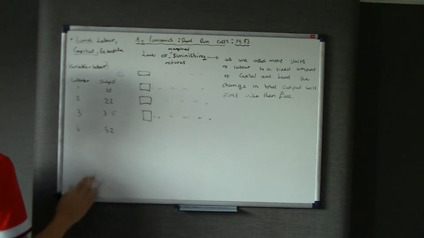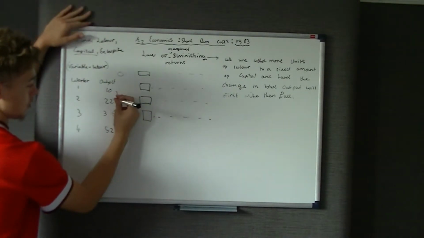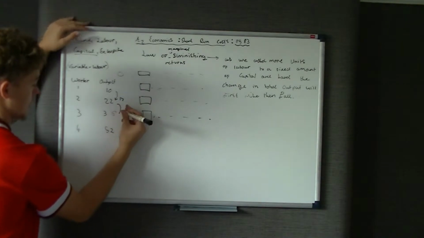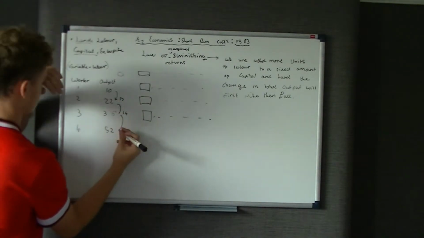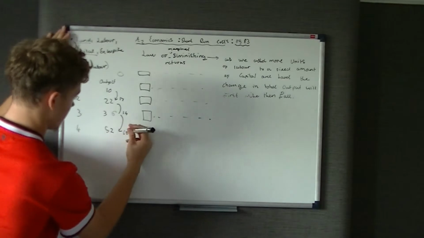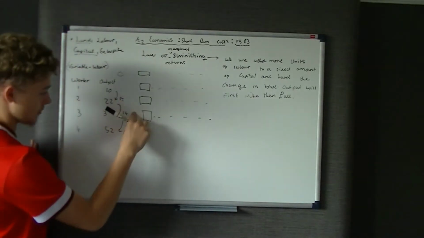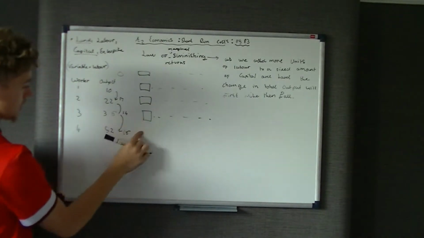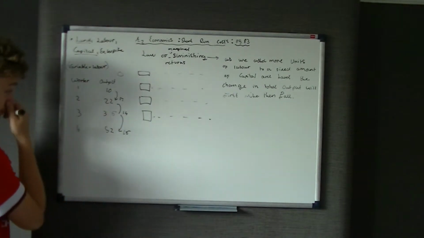I don't know where I'm getting these figures from. Basically, there's an increase by 12, and then an increase by 14, and then an increase by 16. So it's increasing each time.